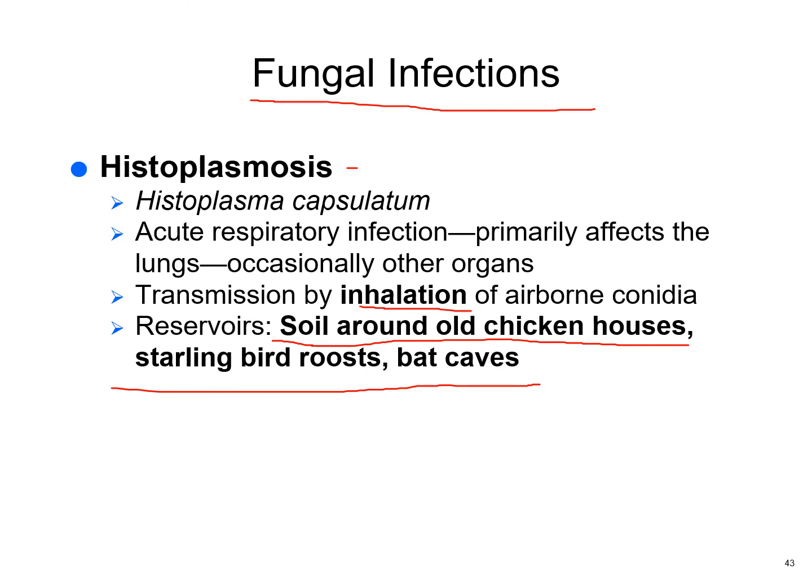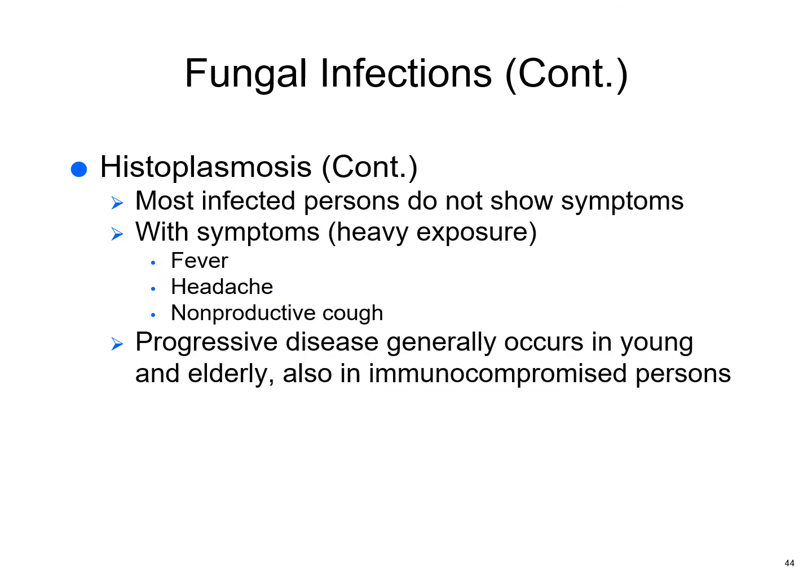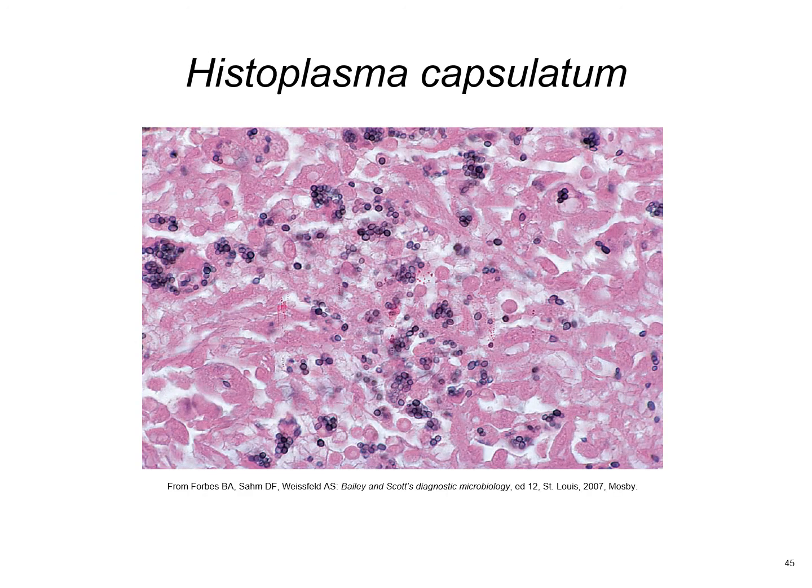It's just worth doing. Most people don't even get sick with it, but you can get fever, headache, and non-productive cough, and it can cause severe disease in people who are old or immunocompromised.